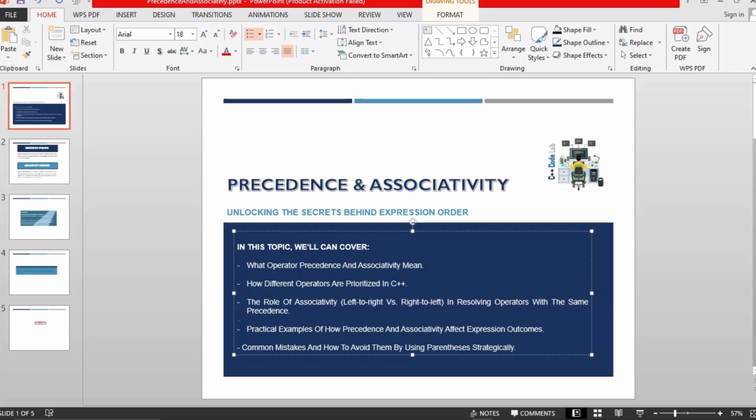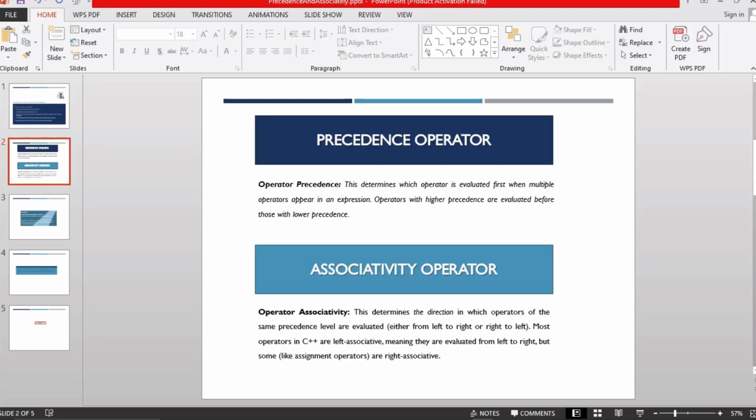On the next slide we have the definition of precedence and associativity. Operator precedence determines which operator is evaluated first when multiple operators appear in an expression.